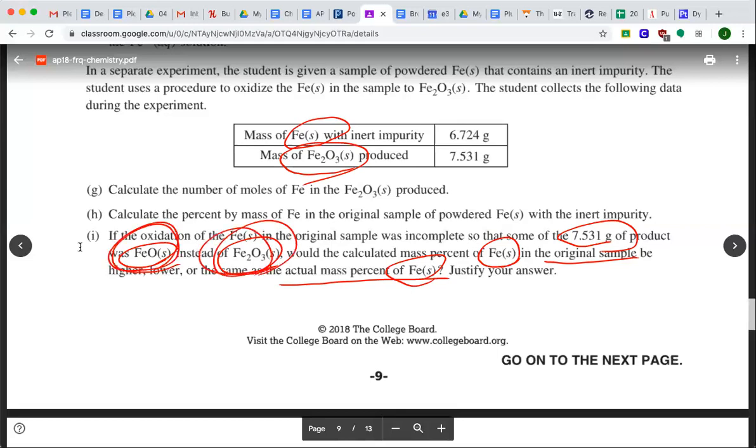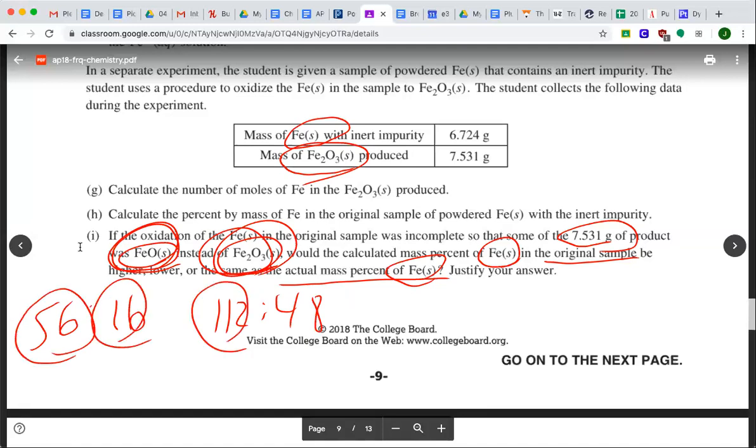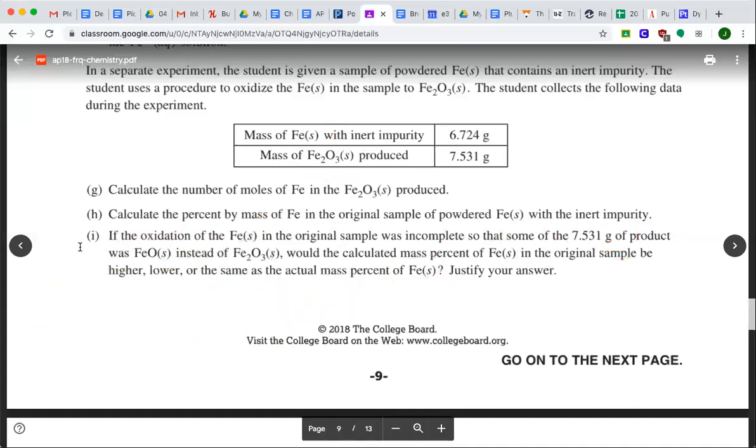In that case, we have 56 to 16 as our ratio of mass of iron to oxygen versus 112 to 48. So basically one of these to one of these versus two of these to three of these. You're actually going to have a higher percentage iron in this stuff than in this stuff. So what in the world does that mean?